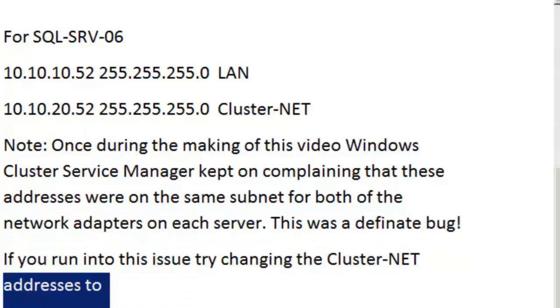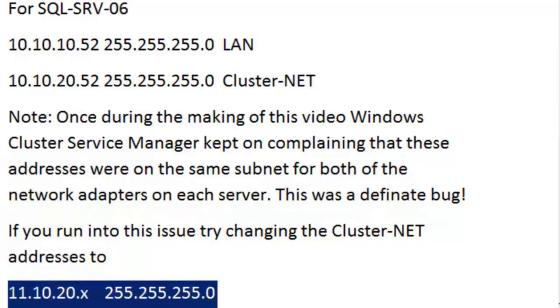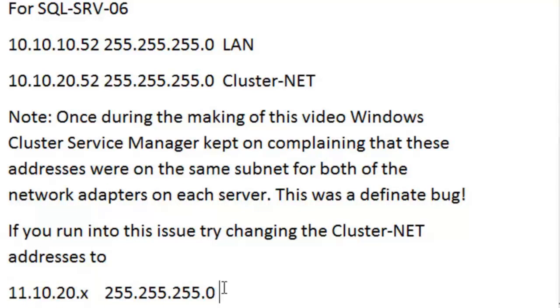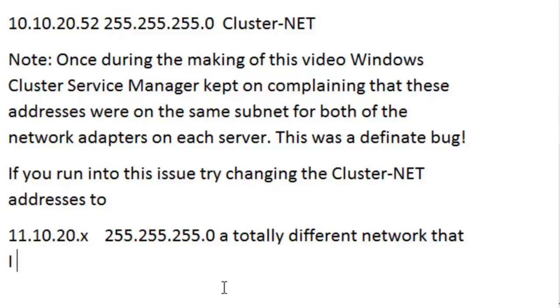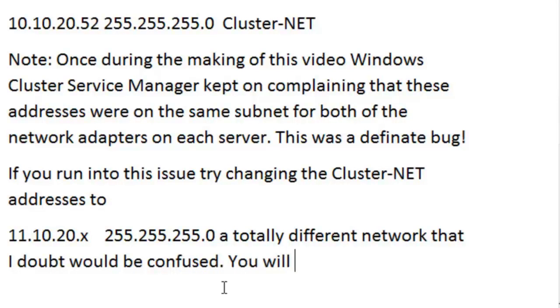Once during the making of this video, it complained the addresses were on the same subnet for both network adapters on each server. This is a definite bug, so I'm letting you know that you should try to go back to the etc network configuration and select 10.11.10.20.x network with subnet mask 255.255.255.0, which seems to take care of the bug. That is a totally different subnet. The first octet there is off by 1, so it won't get confused.